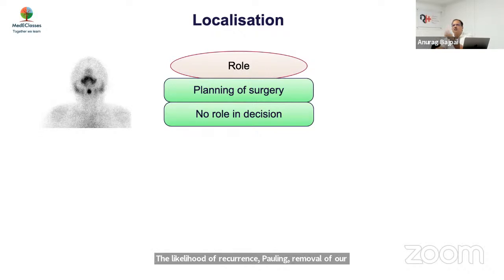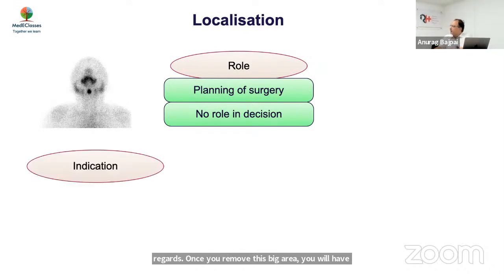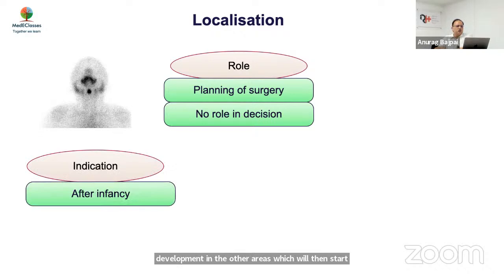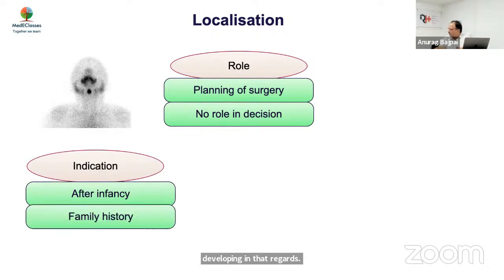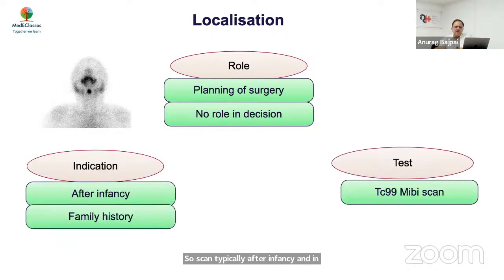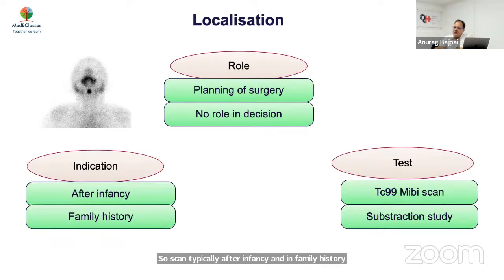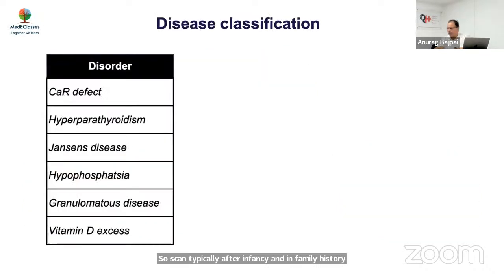And if you have a single highly functional lesion, it will take up all the scan, and the other small areas may not be active. Once you remove this big area, you will have development in the other areas, which will then start developing. So scan typically after infancy, and in family history you may consider. So technetium sestamibi scan and subtraction study, as I discussed, will give you the diagnosis.